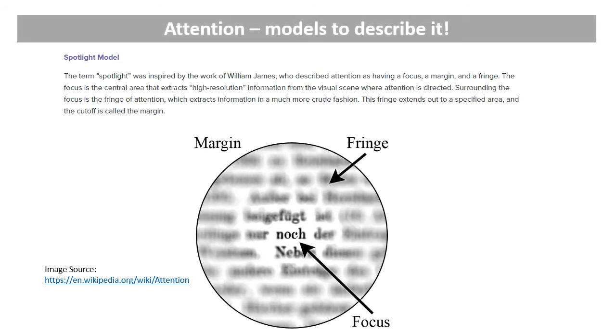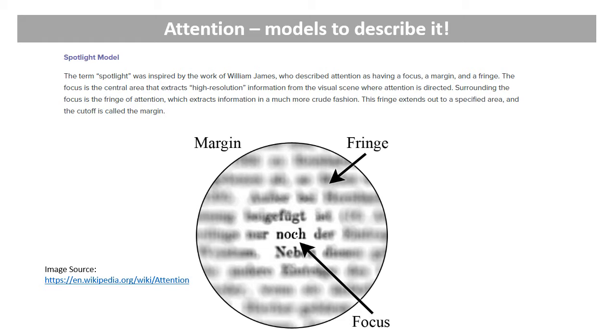And we have also seen the spotlight model, and it can be easily demonstrated while you are reading through a book or a text. So there are these three elements, which are focus, fringe, and margin.